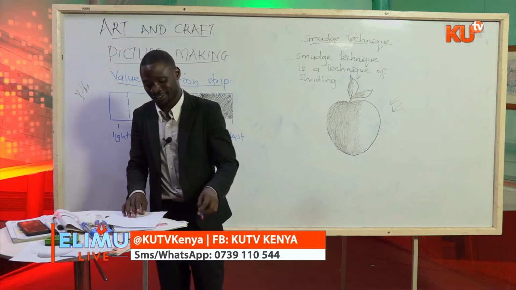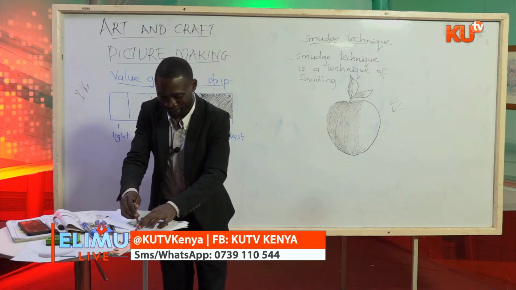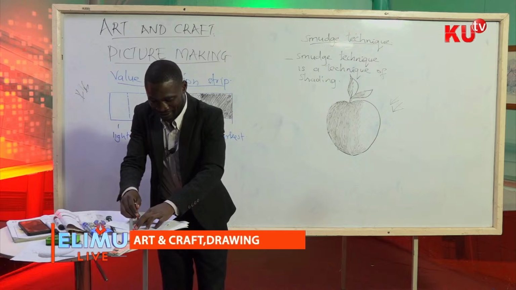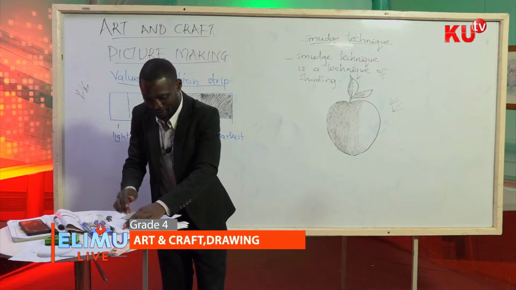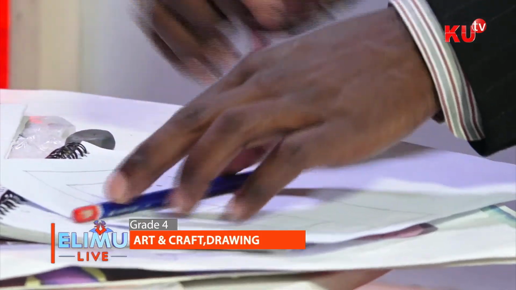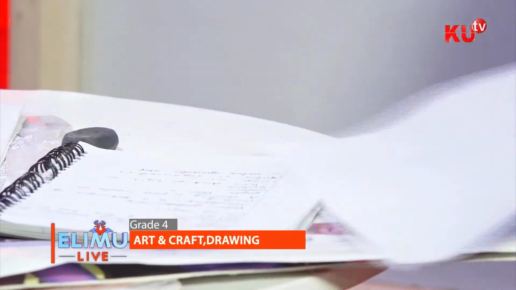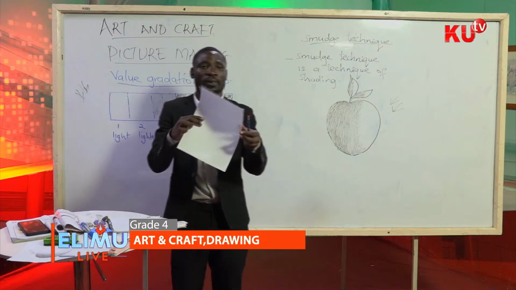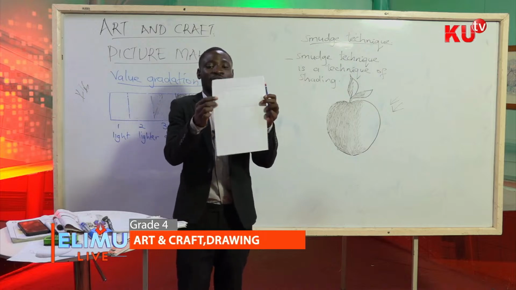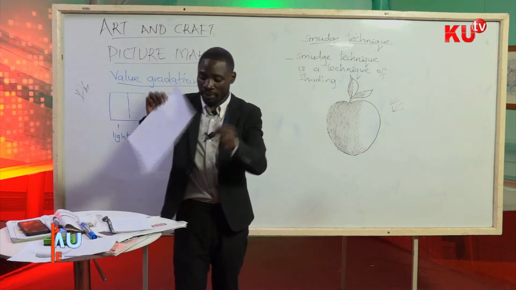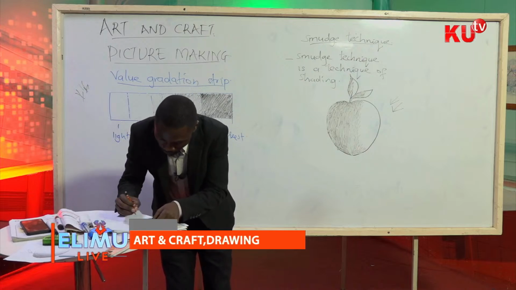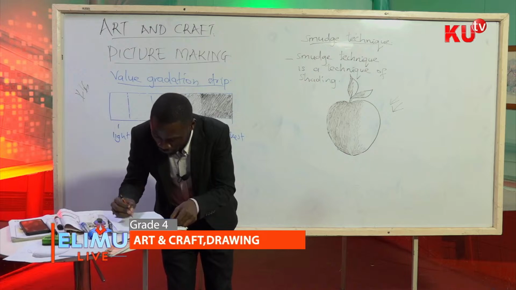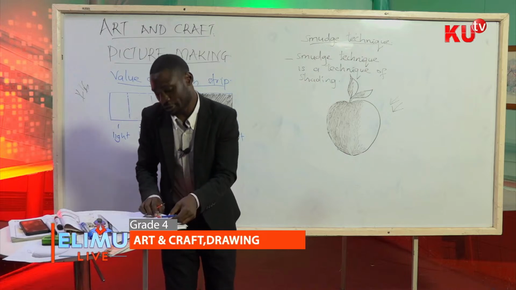1, 2, 3, 4, and 5. So we have 5 boxes here, and I will number them 1, 2, 3, 4, 5.